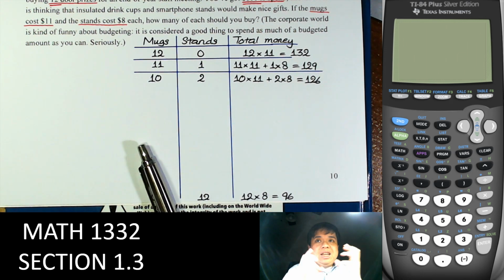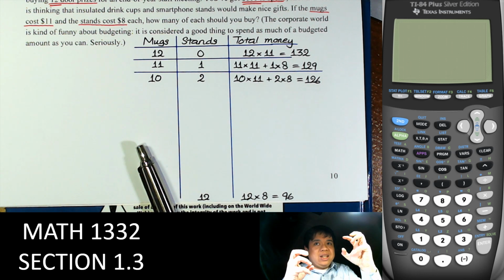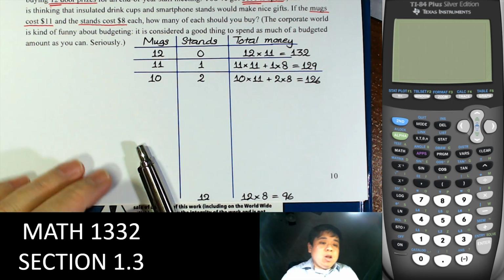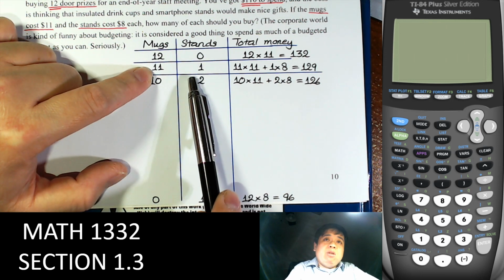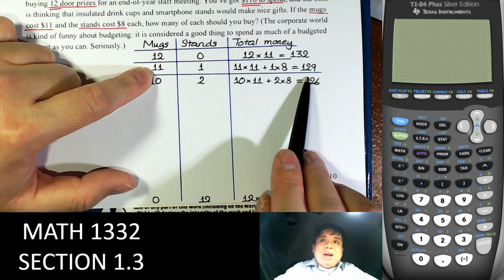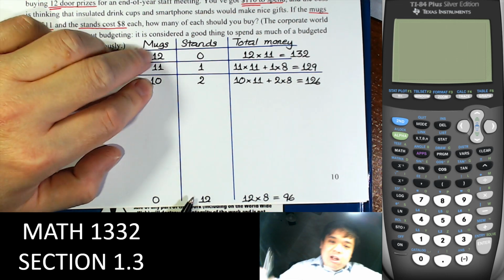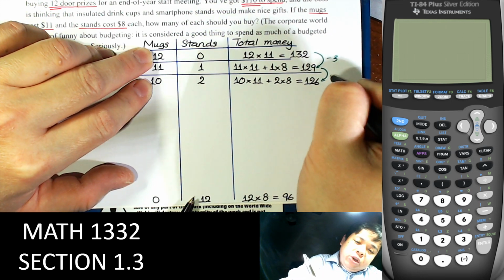The mug is $11. The cell phone stand is 8. If you replace one mug by one stand, the cost will go from $11 to $8, right? So if we decrease the number of mugs and increase the number of stands, the cost will reduce by $3 each time we do that. As you see, minus $3, and then minus $3.